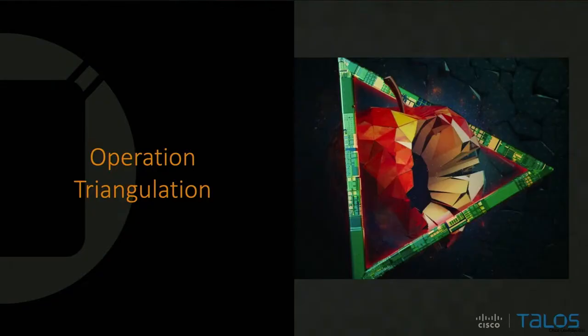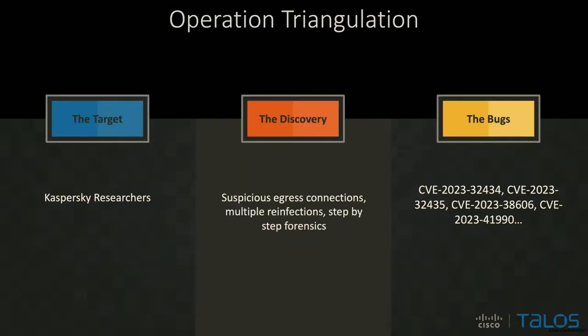Sometime last year, in June, Kaspersky researchers started publishing some details about a campaign they uncovered. They dubbed it Operation Triangulation, and it was a pretty involved campaign of exploits against iOS devices. The target in this case was them, Kaspersky researchers.